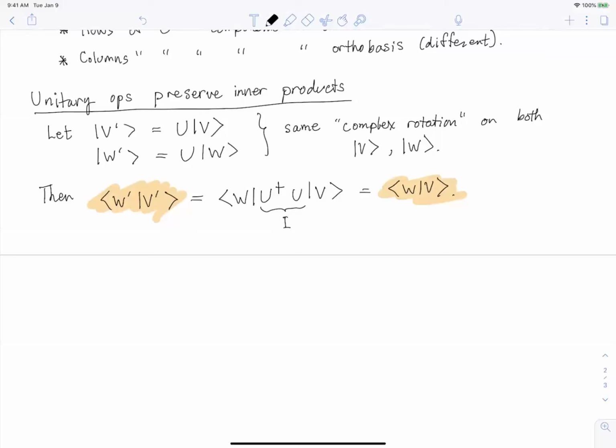As a corollary to this statement, let's say I do this with an orthobasis. So I have a set of kets phi j, and I'm supposing this is an orthobasis.